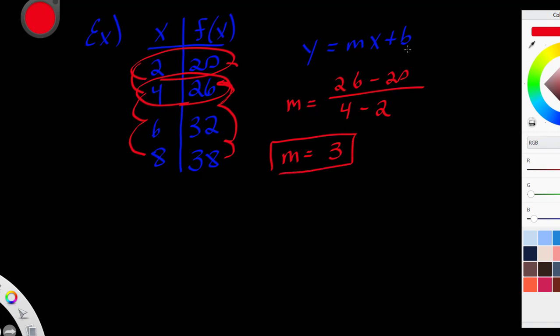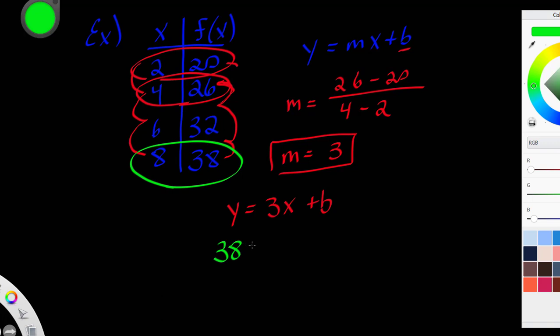Now, just like I did last time, to find my y-intercept, we're going to have y equals 3x plus b. And again, we can use any of these points to find b. So in this case, why don't we just go ahead and use this point. So we have 38 equals 3 times 8 plus b.